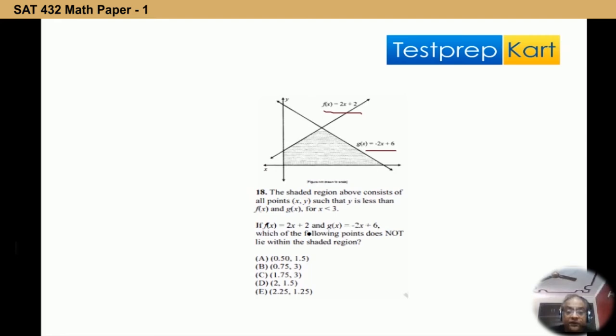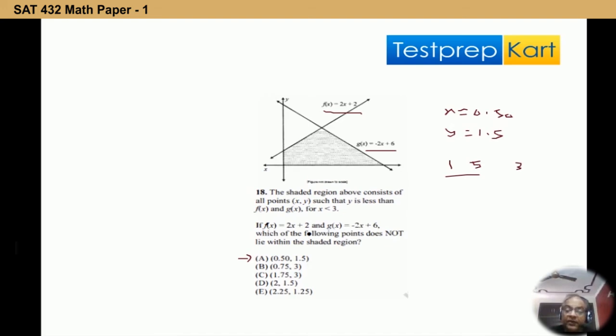Okay, so let's start with the first one. Point A is 0.50 and 1.5, that is x is 0.50 and y is 1.5, correct? If I substitute it here, then 1.5 is the left hand side and the right hand side is 2 into 0.50, which is 1, plus 2, 3.